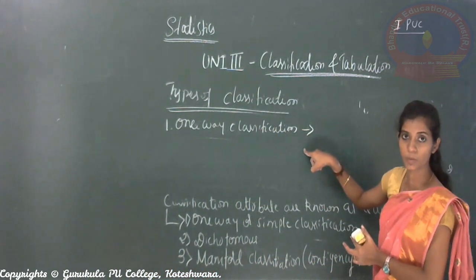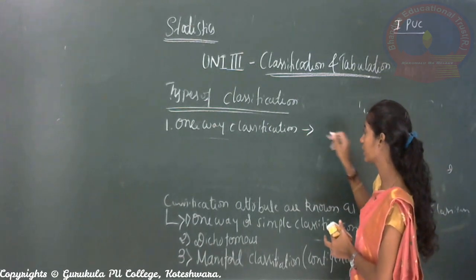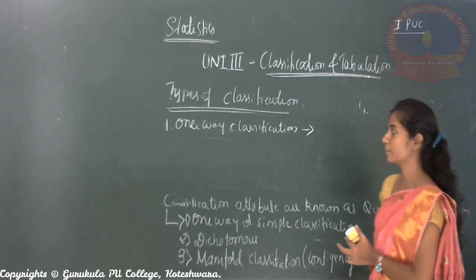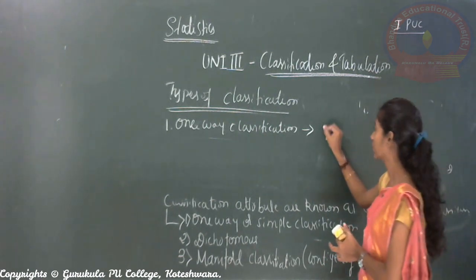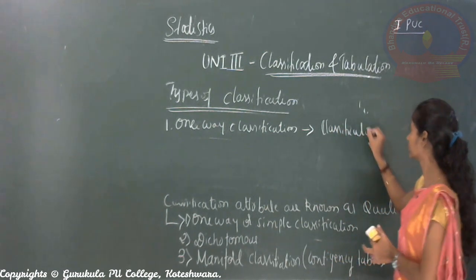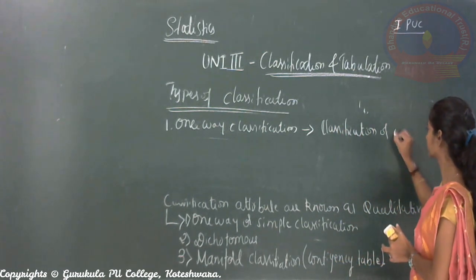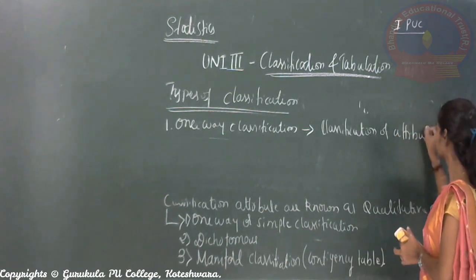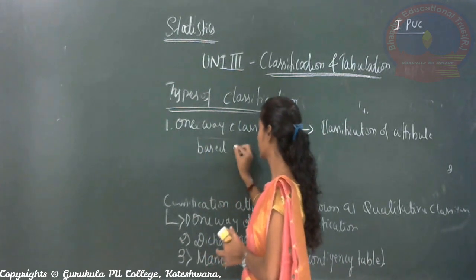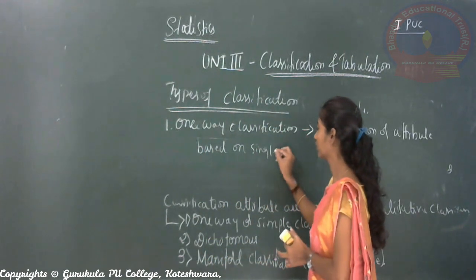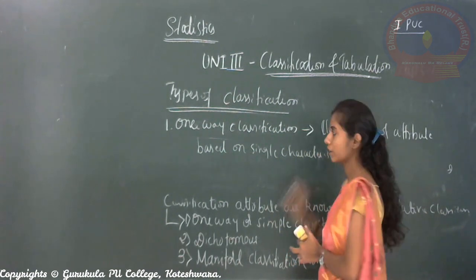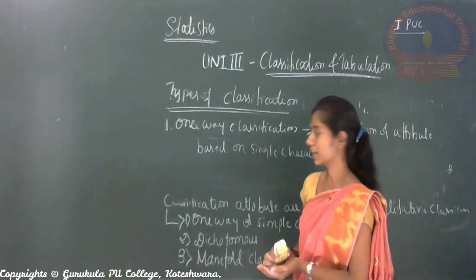Classification of the attributes based on a single characteristic is known as one-way or simple classification.